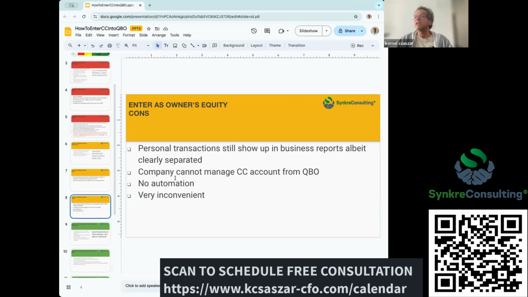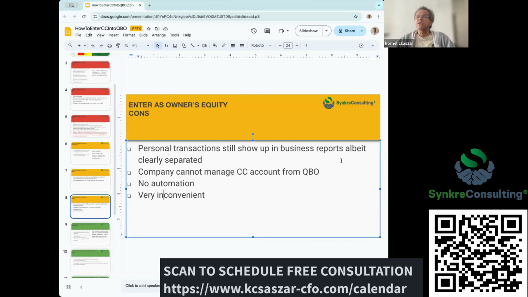That's just a really neat dashboard. This is not so much. Also, the company is not paying the card, and is not handling the interest and all of that. It's just not an integrated process if you're using QBO. The owner will still pay this card under this option. So there's no automation and it's very inconvenient.